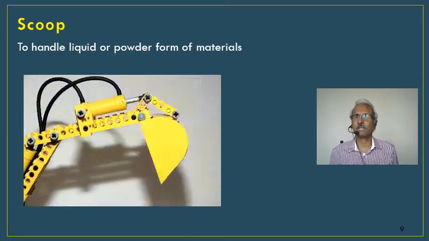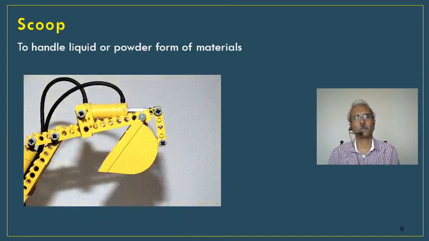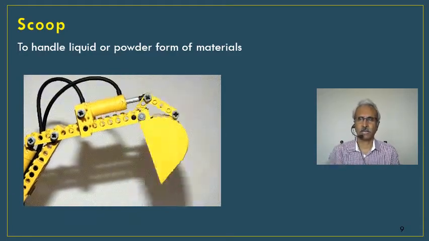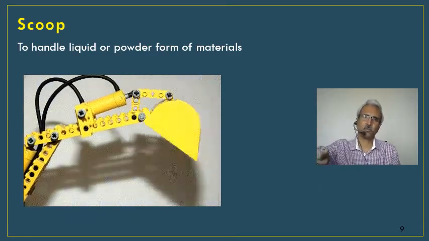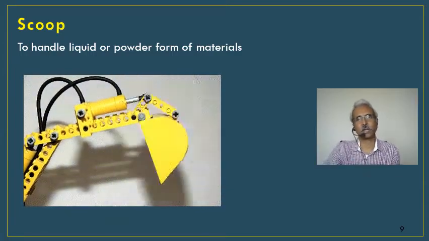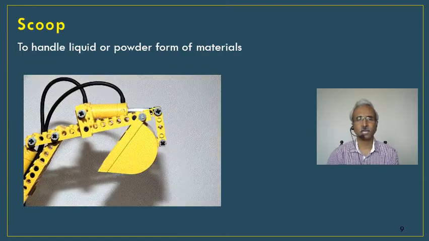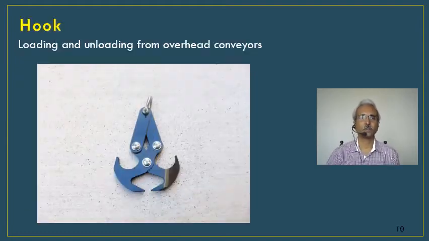So it is very difficult for the human to go there and do that. So a scoop type of gripper, where you can use it to scoop the material, a chemical from a container and then add it on to an instrument or whatever it is. So that is where your scoop will come into the picture.